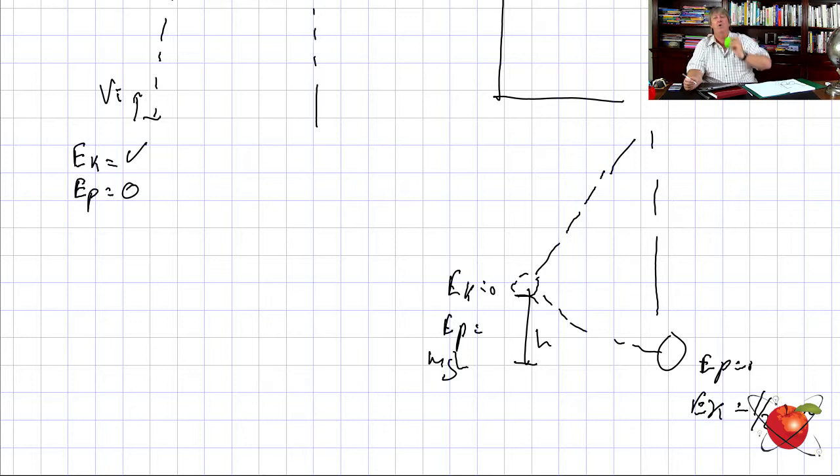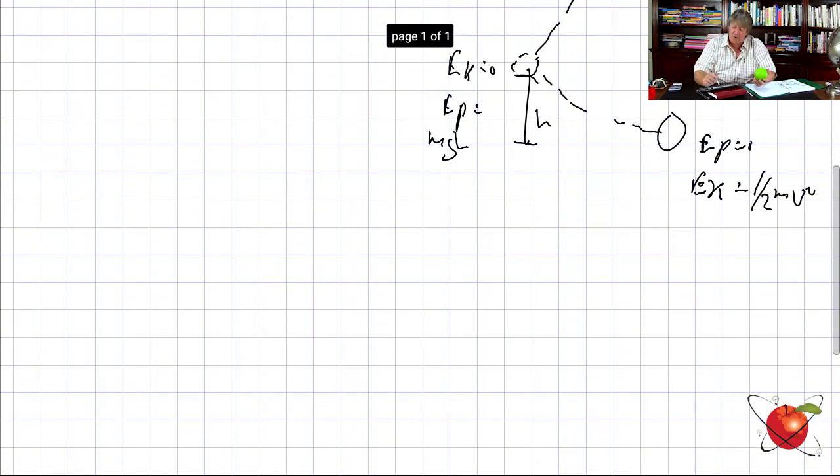Therefore, we can work out using energy principles exactly how high it's going to go. How do I say that? Well, the law of conservation of energy says that if there's no external forces, then the energy must remain constant. So the energy you start with must remain constant throughout the entire process. I hope you remember the roller coaster problems we did a while back.